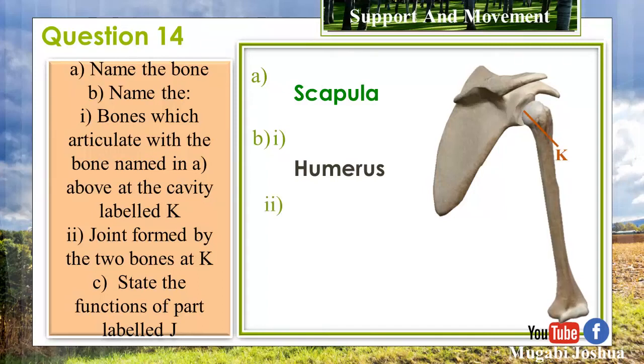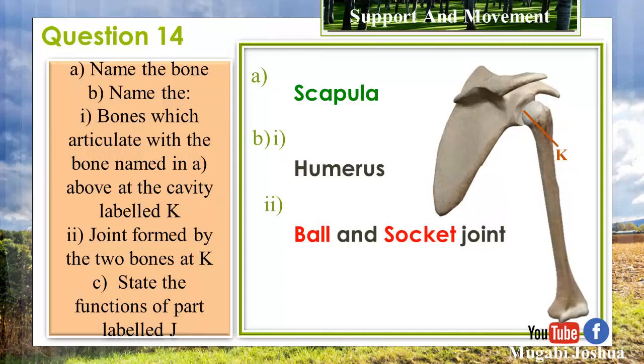Then part 2. Part 2 says name the joint formed by the two bones at K. That joint is the ball and socket joint.